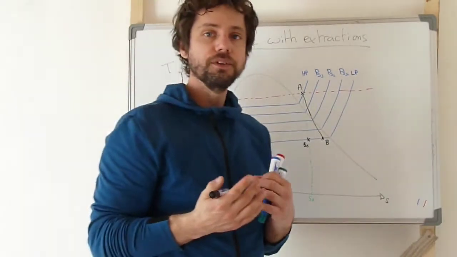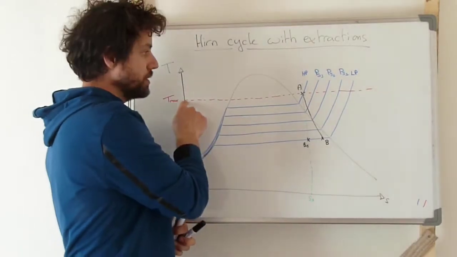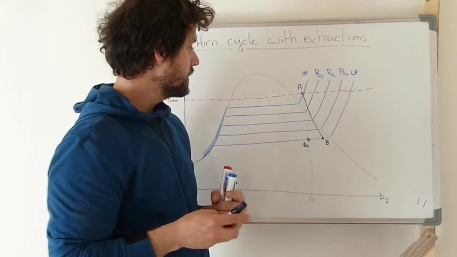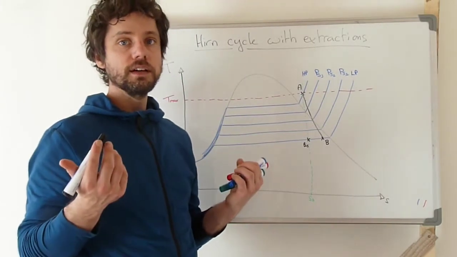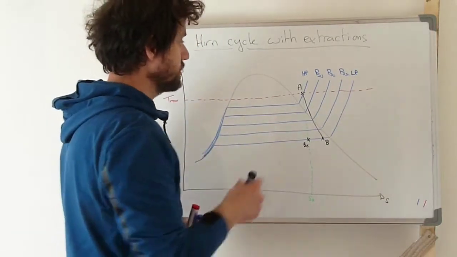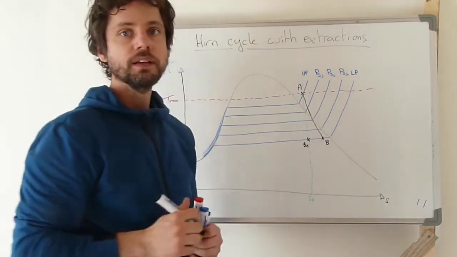We also have the maximal temperature that we have at the inlet of the turbine, and we have at the inlet of the turbine point A, which is at high pressure and maximal temperature up there.